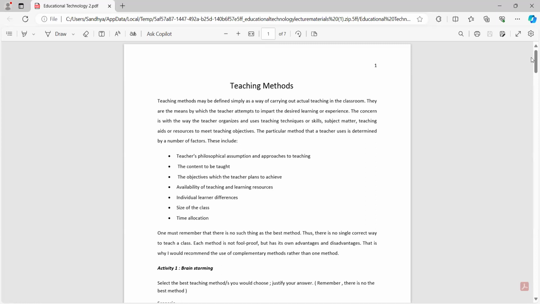Did we discuss them? The two main approaches to teaching as teacher-centered approach and student-centered? I want your feedback. Did we discuss like that? Yes, ma'am. Discussed.